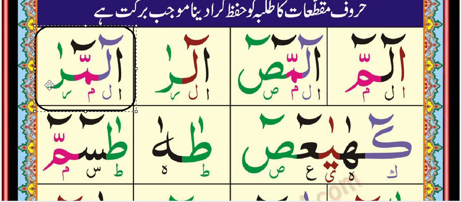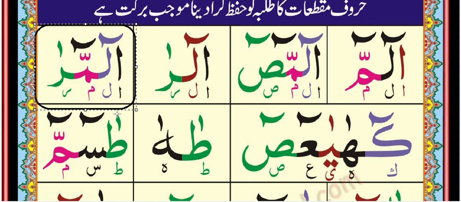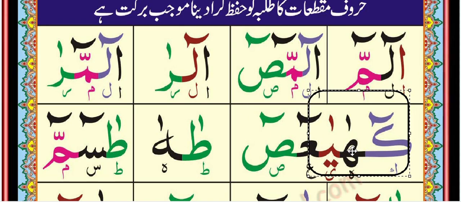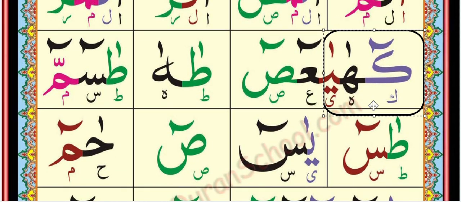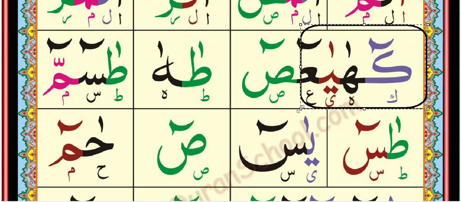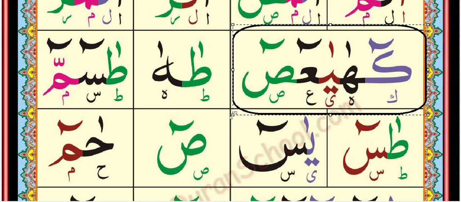Next now, Alif Lam Mim Ra. Alright, Alif Lam Mim Ra. Next there are five letters. I am reading. The first is madda, the second two are standing fatha, and the last two again madda. So be careful.